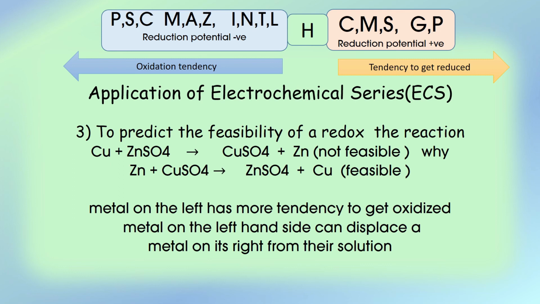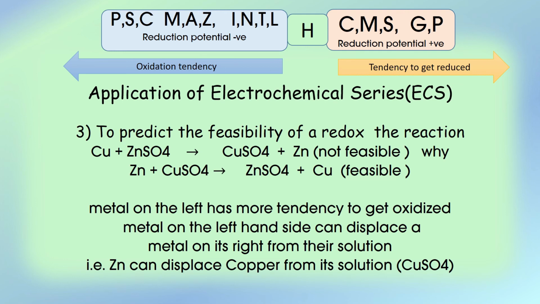When a zinc rod is dipped in copper sulfate solution, that is something that you have studied in the plus one redox chemistry, the blue color of the copper sulfate fades and the copper starts depositing on the surface of the zinc rod.